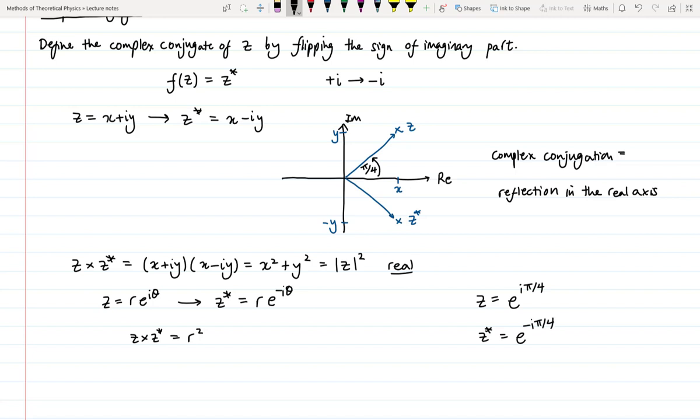This is a perfectly okay way of writing this complex number, but you'll recall from the first part of this topic that we are restricting ourselves to theta lying between 0 and 2 pi. So we can therefore, without changing the number itself, but only changing its argument, add 2 pi times i to the argument, and we end up with e to the 7 pi i by 4. So here theta is 7 pi by 4, and that falls within our principal values.